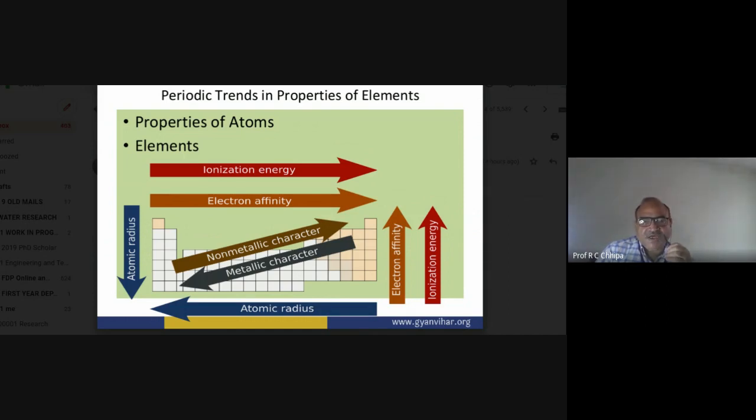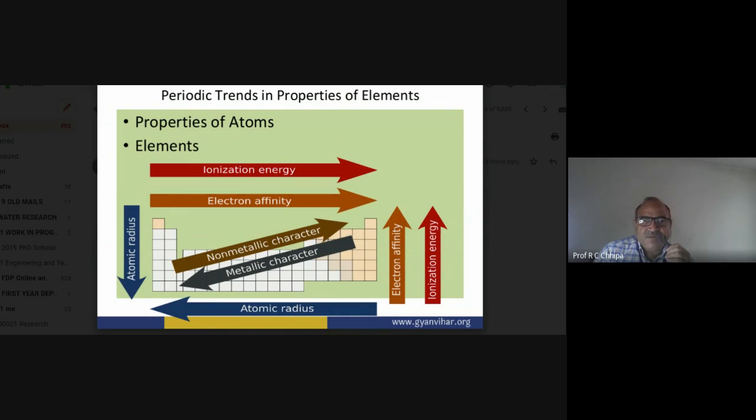The non-metallic character increases from left to right, and the metallic character from right to left. Electron affinity varies from bottom to top, and ionization energy from bottom to top.